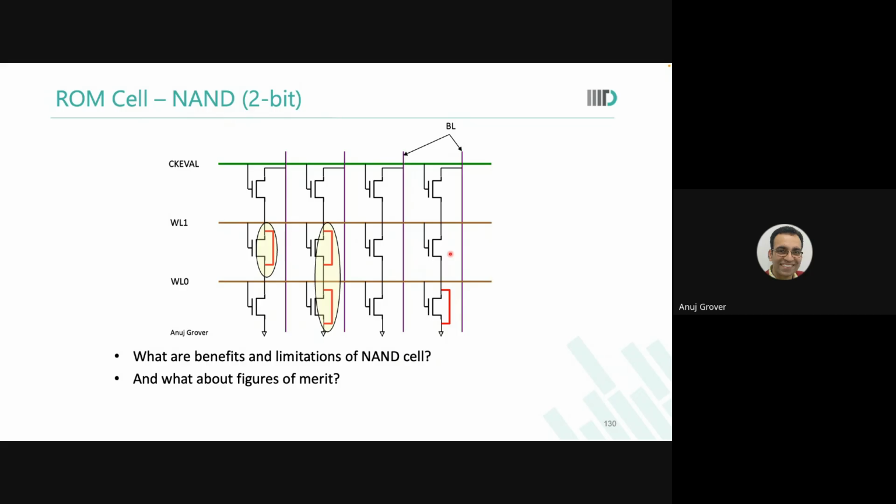So what I'm saying is that, let us say there are 2 bit lines. This is the word line that you are keeping low. This remains low. The other word line goes high.